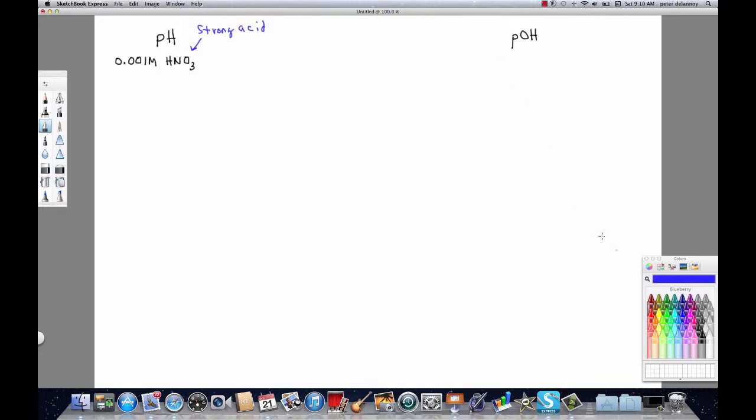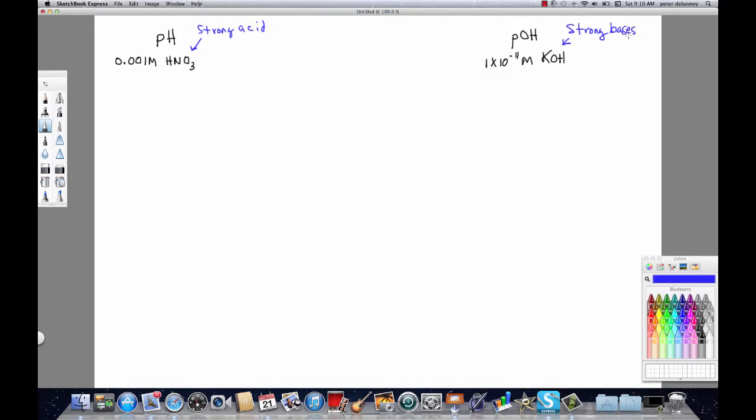All right. Now, similarly, for the pOH problem, we're going to look at a 1 times 10 to the minus 11th molar solution of KOH. And KOH is one of your 5 strong bases.